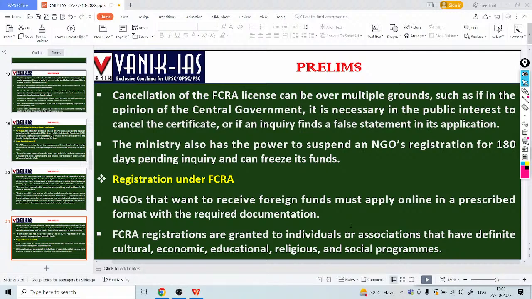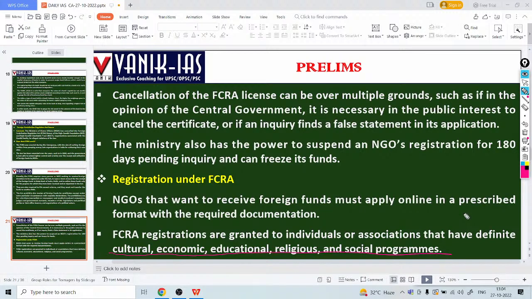Fine. NGOs that want to receive foreign funds must apply online in the prescribed format with the required documents. The FCRA registrations are granted to individuals or associations that have definite cultural, economic, educational, religious, and social programs. Okay, so who can receive it? It can be received by individuals or associations of NGOs who are engaged in cultural, economic, educational, religious, and social programs in the country.